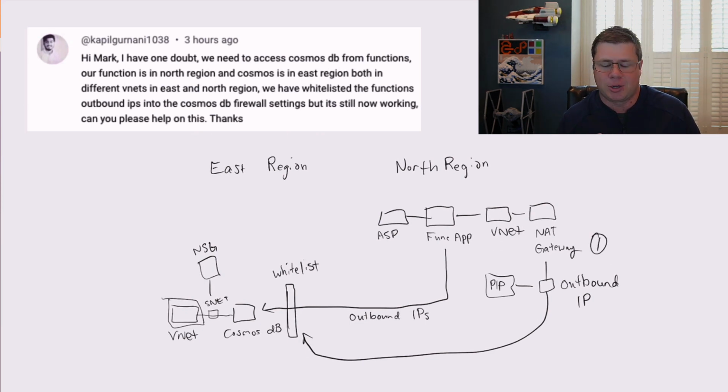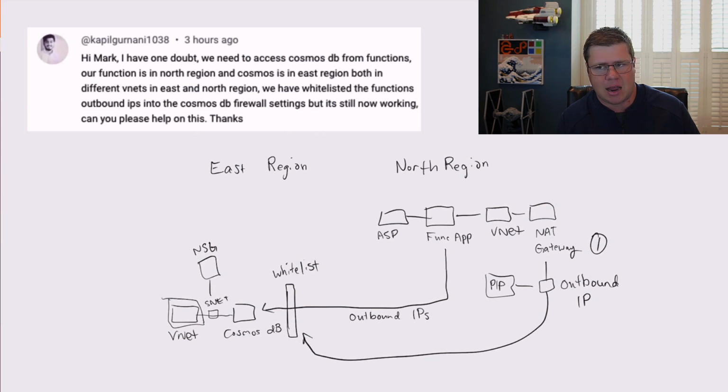Now, another option is what Kapil is not using. It appears to me, I don't know for sure, but the way he wrote this makes me think that he is using the public Cosmos DB endpoint, which is interesting because his Cosmos DB and his Azure function appear to be in each their own VNet, right? Which means they have their own private IP address.